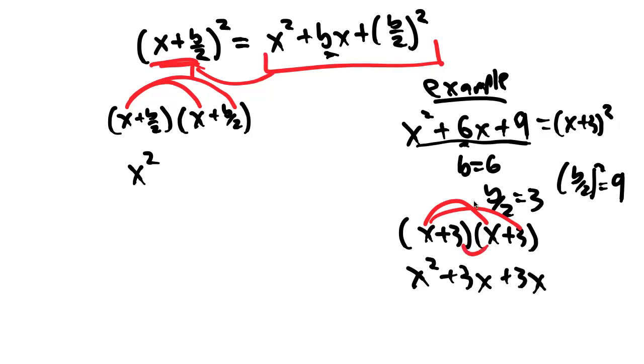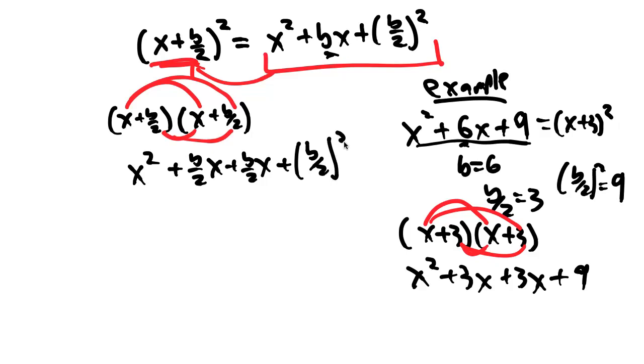I'm just going to finish the example first. Then 3 times 3 gives you 9, so plus 9. The same sort of thing happens here: whatever your b over 2 value is, it multiplies by x, so plus b over 2x plus b over 2x. Plus, that's where we get this last term, b over 2 squared, from.